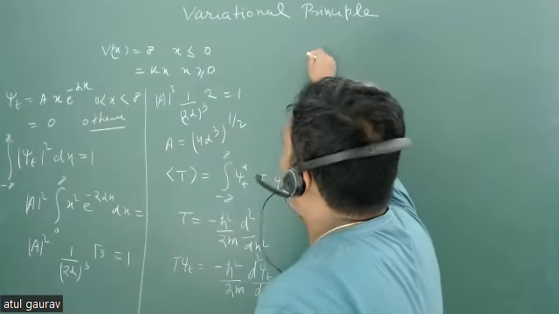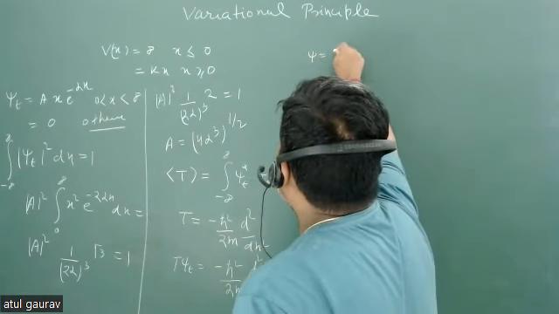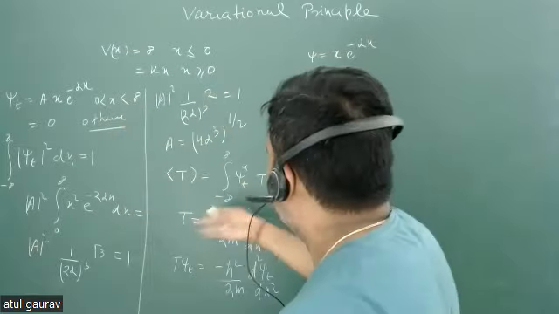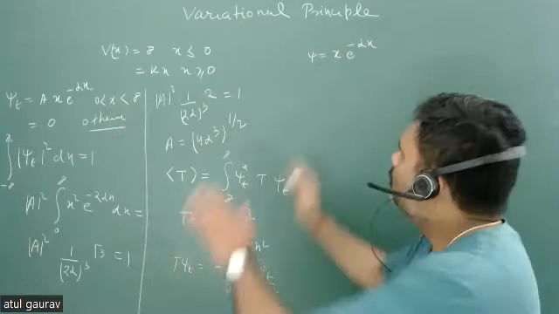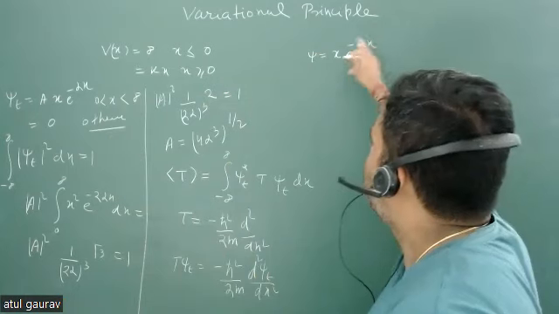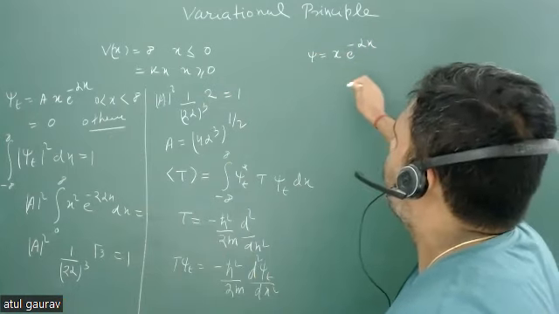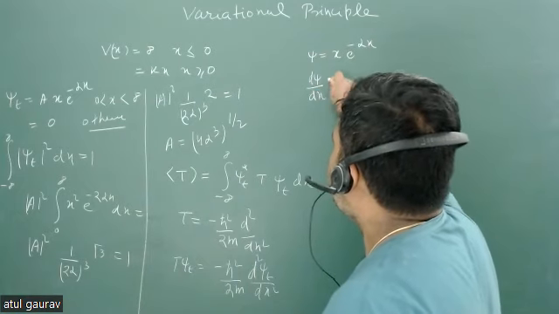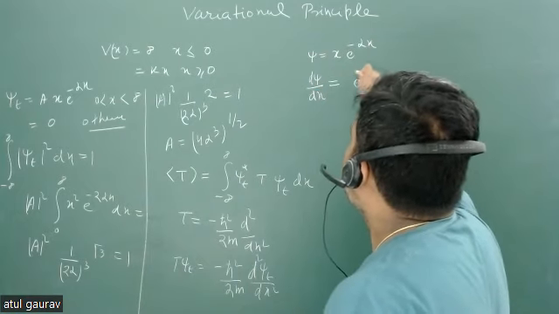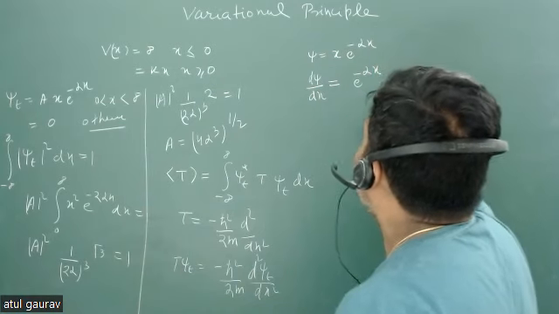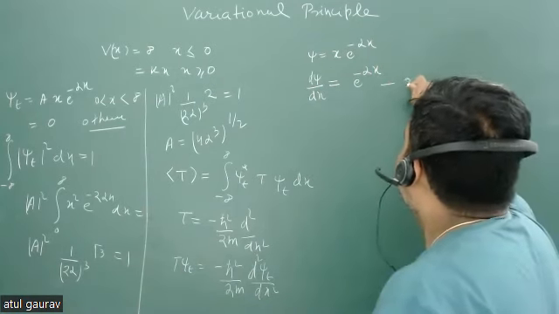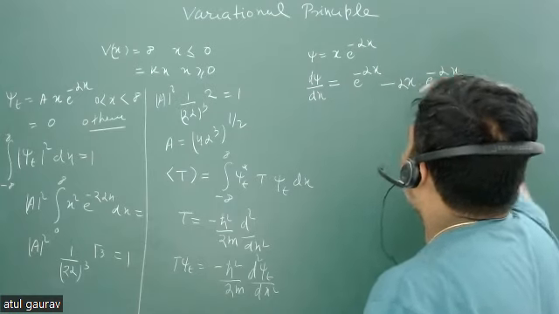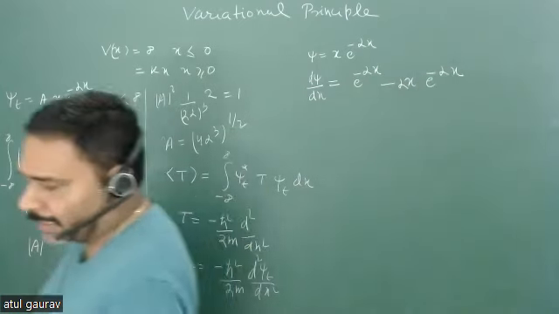So if psi is equal to something times x e^(-alpha x), I will put the value of A into the integration later so that I can use the space for the important calculation. Then d psi/dx is e^(-alpha x) minus x alpha e^(-alpha x). Isn't it? Is this clear so far?